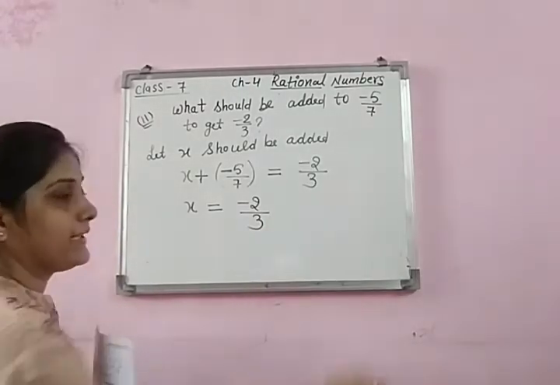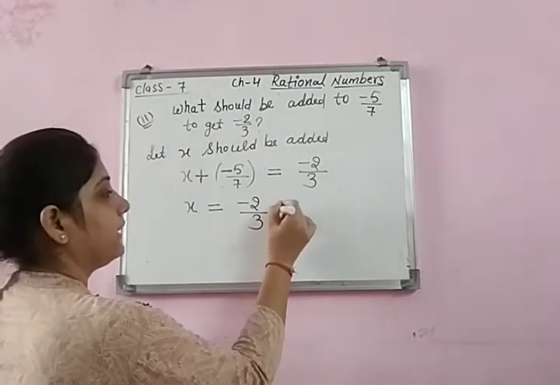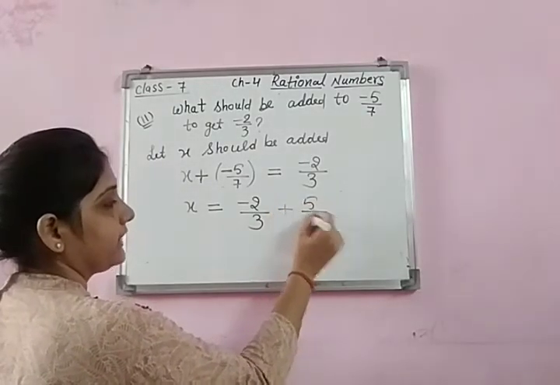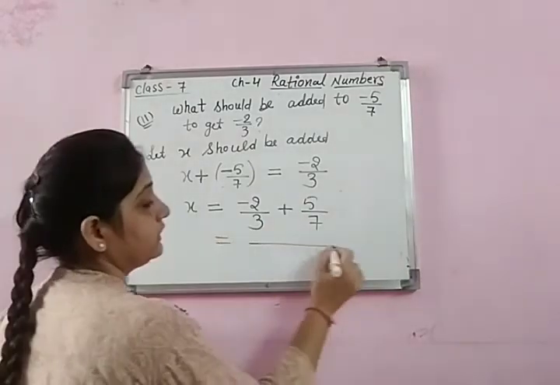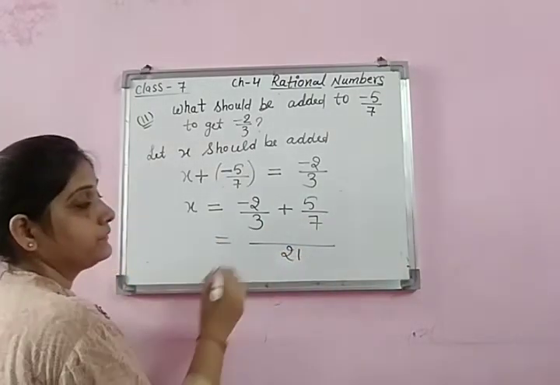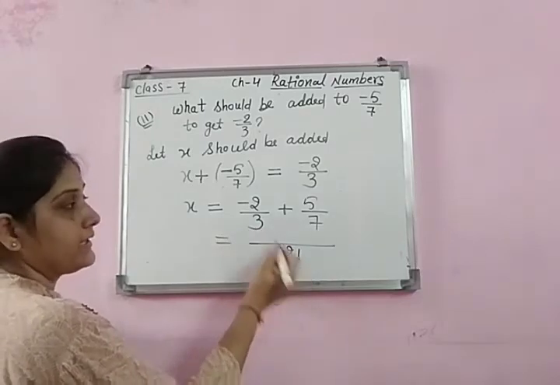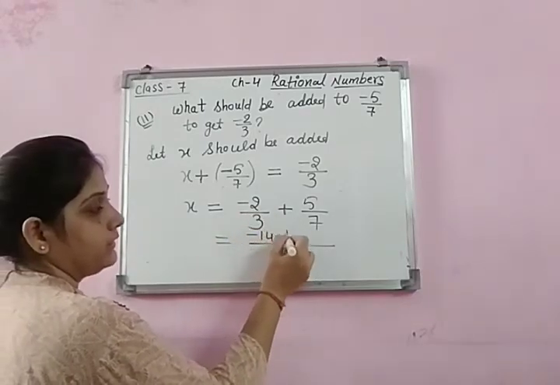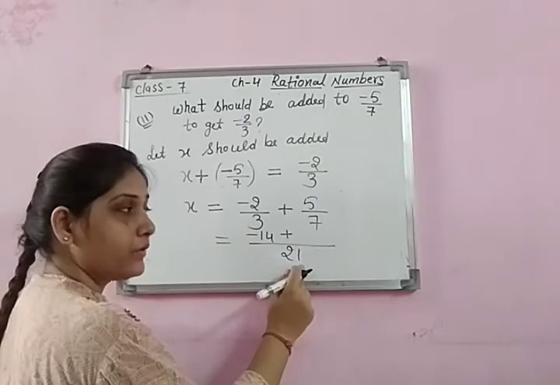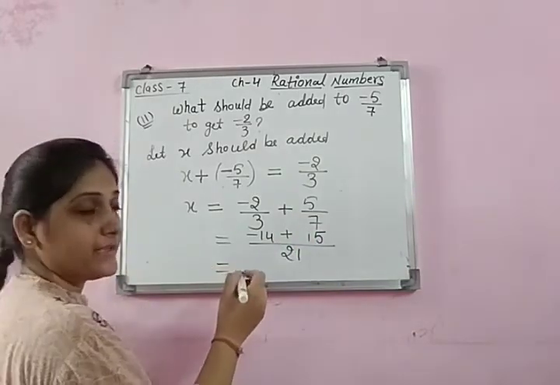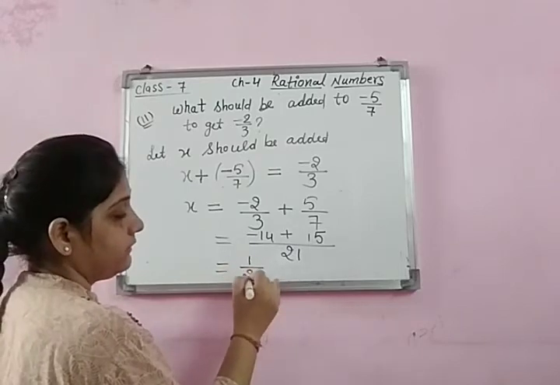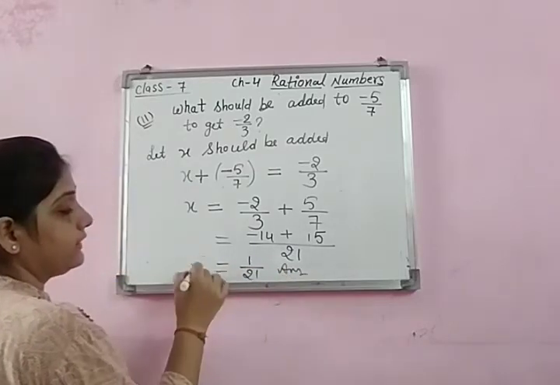So I have skipped that step. So plus 5 by 7. Directly I can write. Now take the LCM and solve it. 7 3s are 21, 3 7s are 21, and 7 2s are 14. Plus, in the table of 7, 3 times, 3 5s are 15. 15 minus 14 is 1 by 21, which is the value of x.